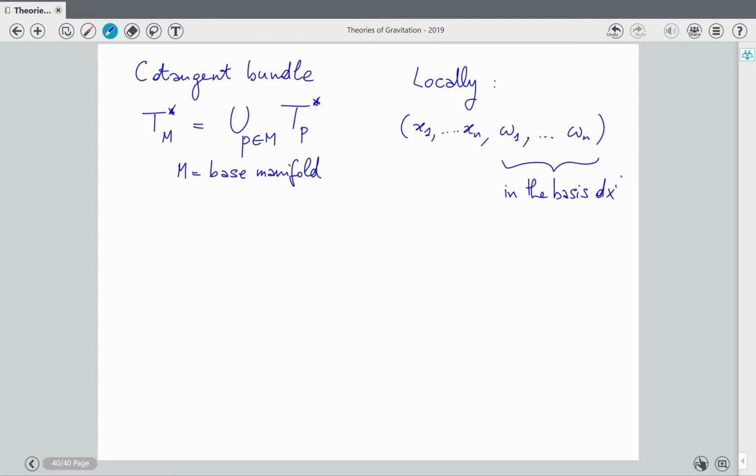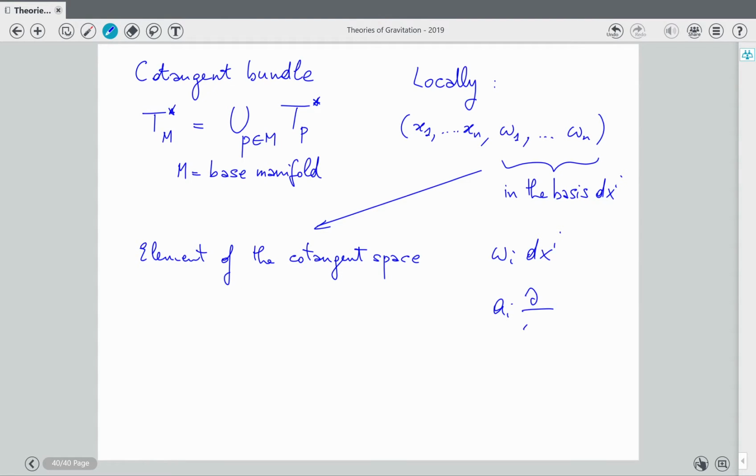So that means basically that this element of the cotangent space is the sum of the differentials dxi, and in the same way as for the tangent bundle, we used the letter ai, partial divided by partial x, in the tangent space.